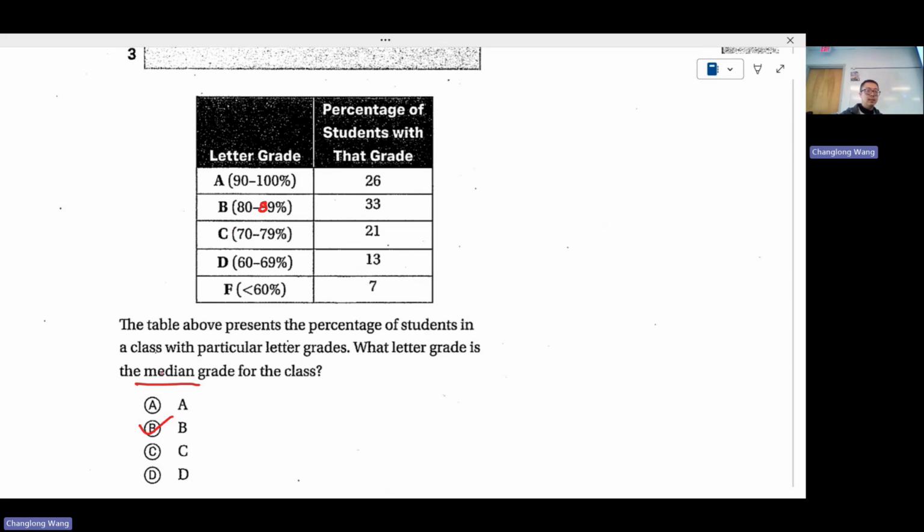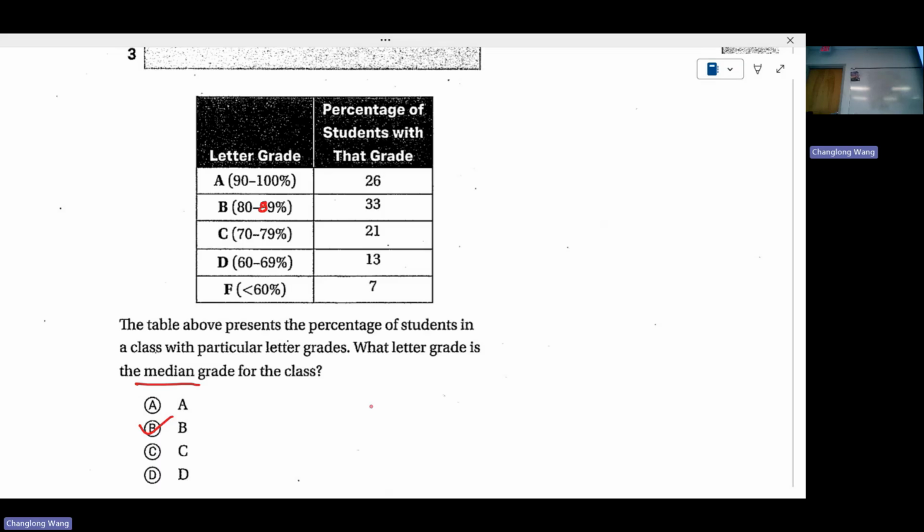The median says that you have to sort the data, in this case the student scores, from low to high or high to low, it doesn't matter, as long as they're in order. So you're thinking, what will be the score of the 50th highest score, would it be a B or C?